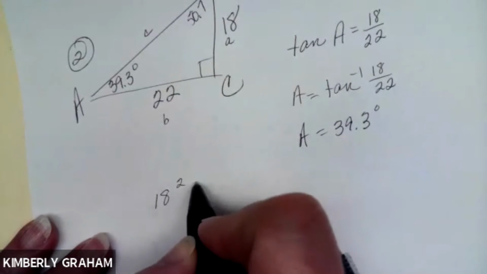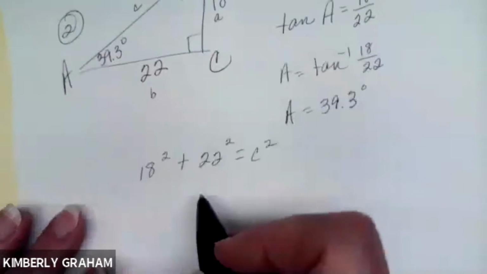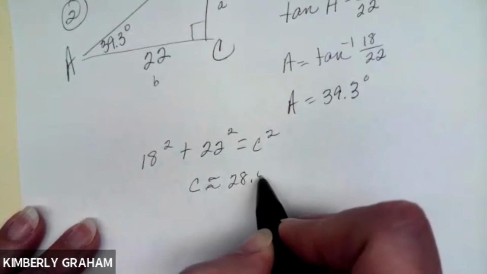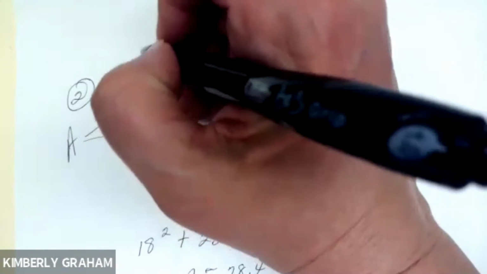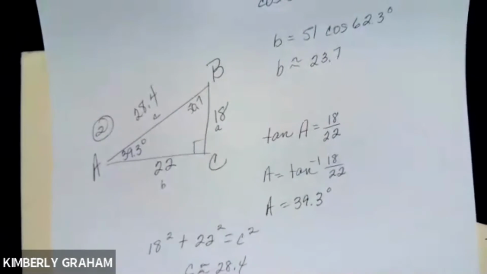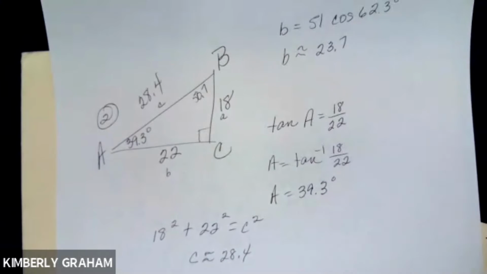You have 18 squared plus 22 squared equals c squared. So that's going to give you approximately 28.4 for the length of the hypotenuse. Let me zoom out there so you can see that. Any questions with that so far?